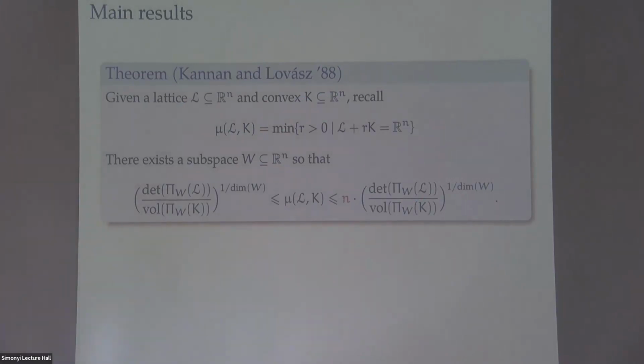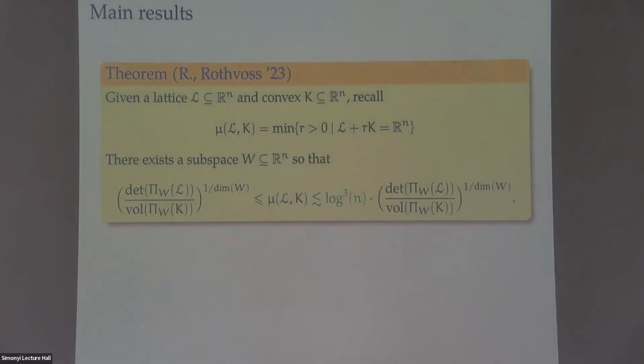This is for any convex body, any lattice. I can always get an approximation that depends only on the dimension. And in his thesis 10 years ago, Daniel Dadush asked whether we can replace this n here by a logarithm, this log of n.